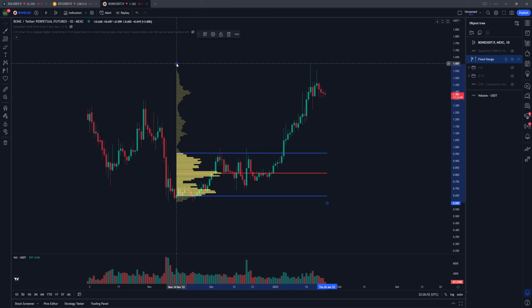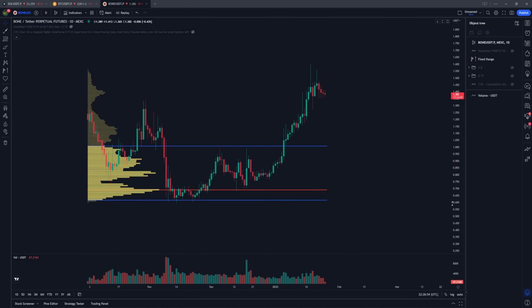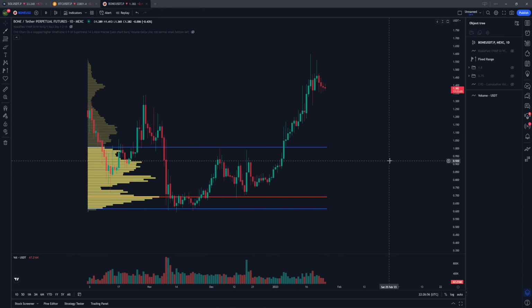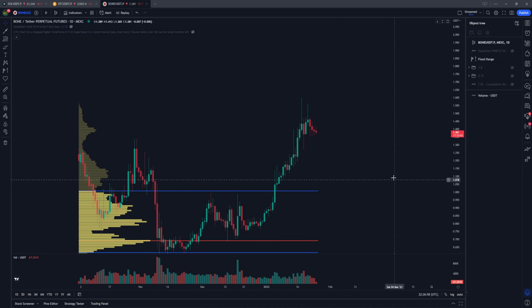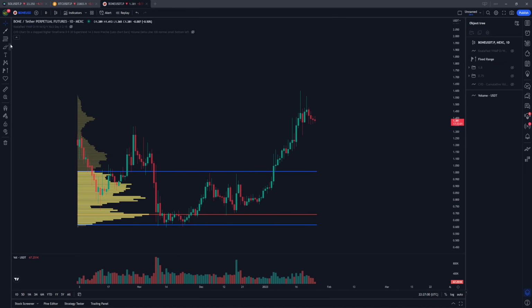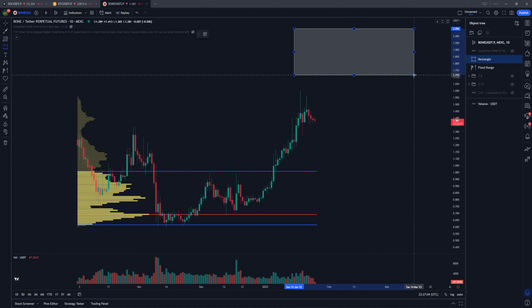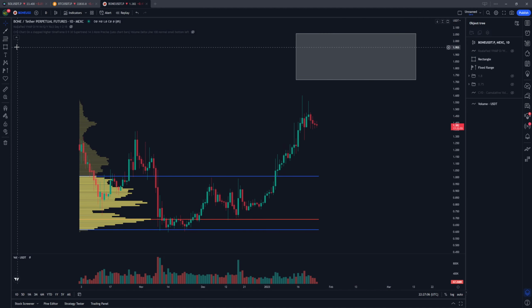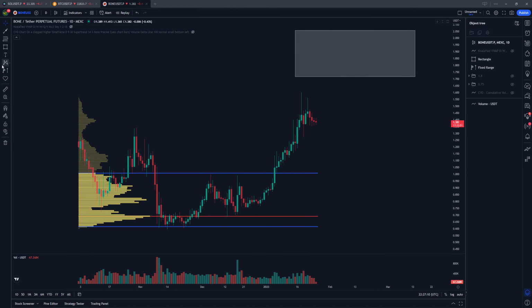So with that little bit of volume analysis done, what I want to do is look for some levels to trade. To the upside, I want to look at some levels from around the $2 and $1.80 area, because this is where that previous price action was that we don't currently have on this chart. Additionally, I want to look at some levels inside this range here.